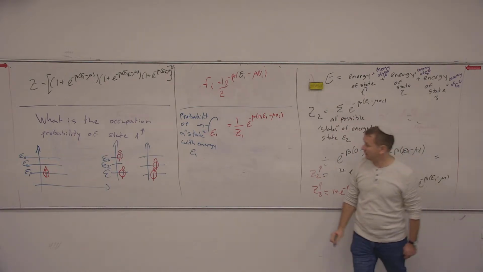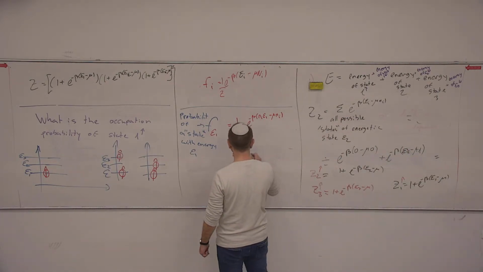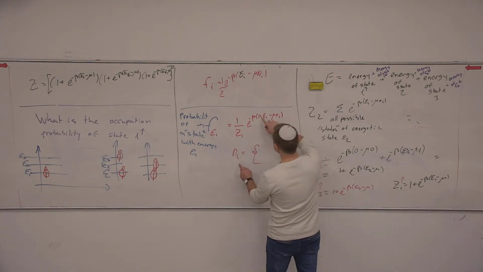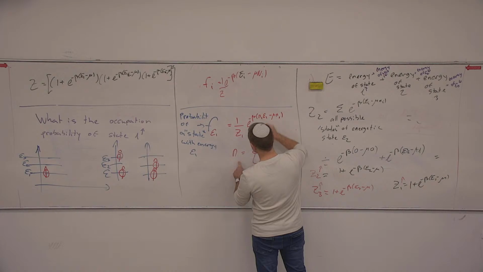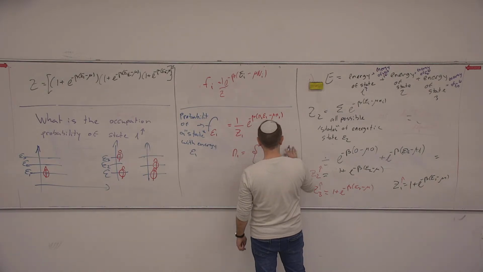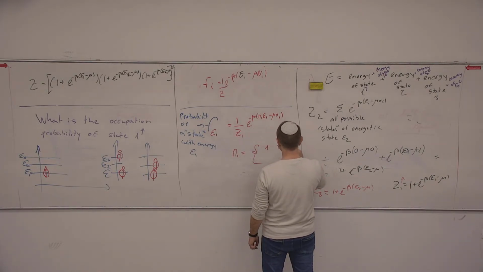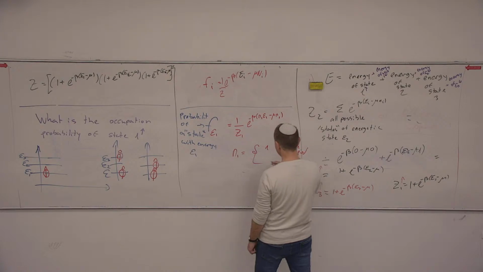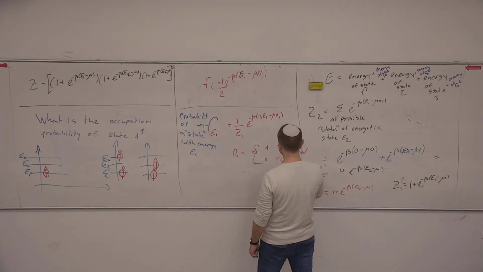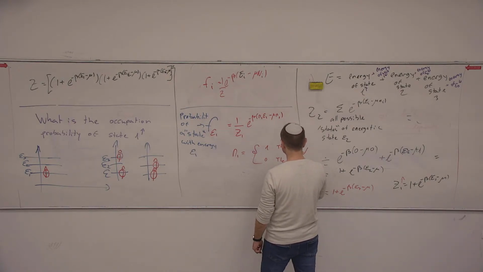What is N1? N1 is 1 when the state is occupied, and 0 when the state is unoccupied.